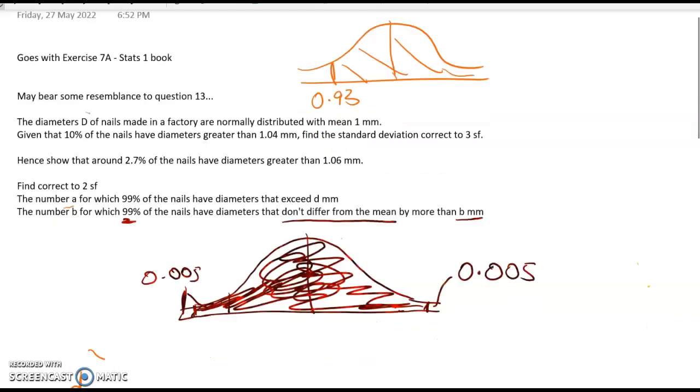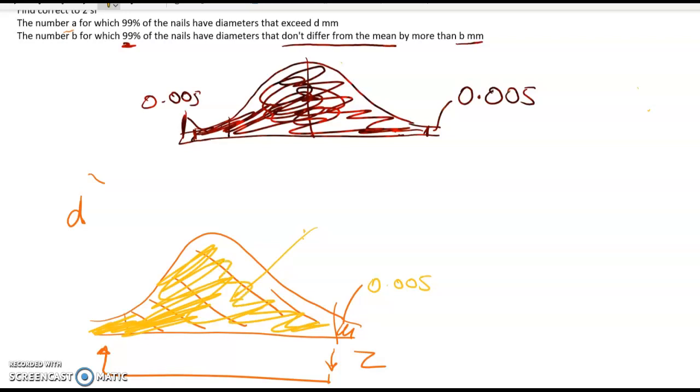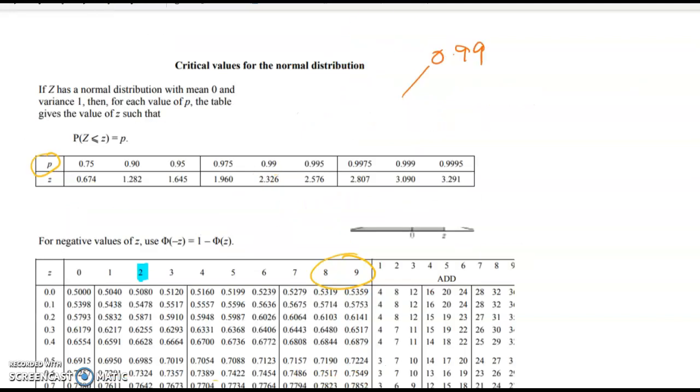So I'm going to do the same thing. I'm going to use my Z table, but this time I'm going to look for 0.005 in this tail, which means I'm looking for, the table always gives me this number. I'm going to use the table and get 0.995. We go to our critical values, and that's what we're looking up here.